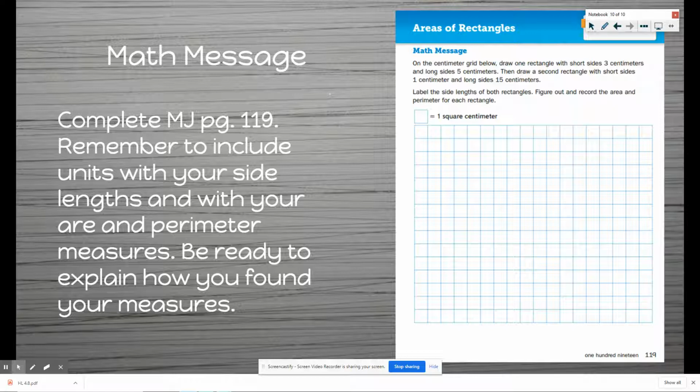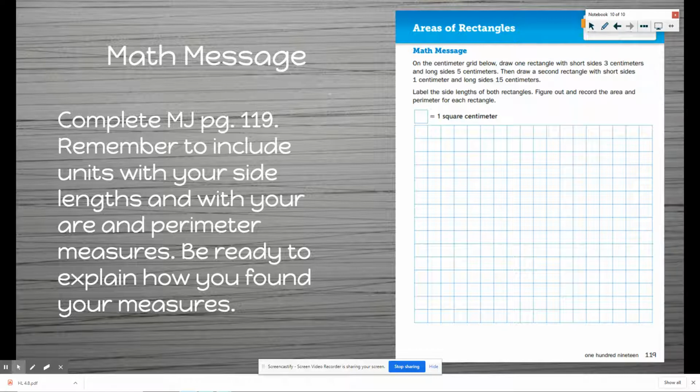So it says, on the centimeter grid below, draw one rectangle with the short side of 3 centimeters and long side of 5 centimeters. Then draw a rectangle with short sides of 1 centimeter and long sides of 15 centimeters. Label the side lengths of both rectangles, figure out and record the area and perimeter for each. So take a minute and draw your rectangles.